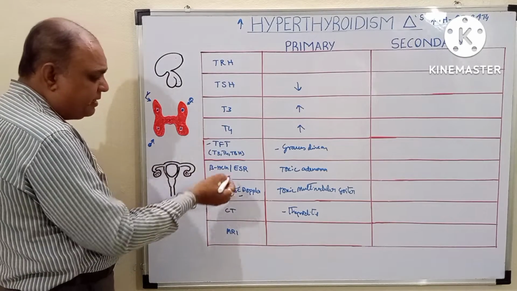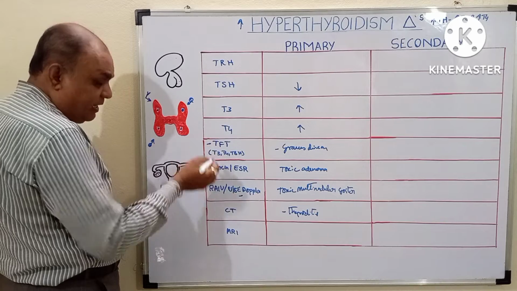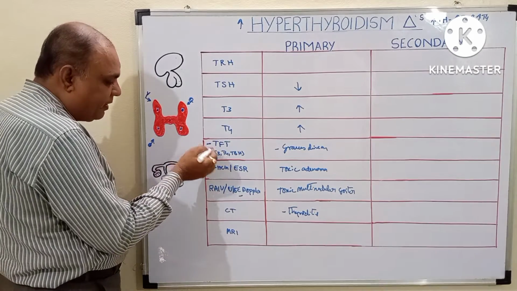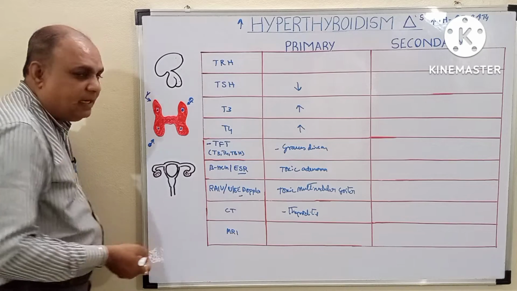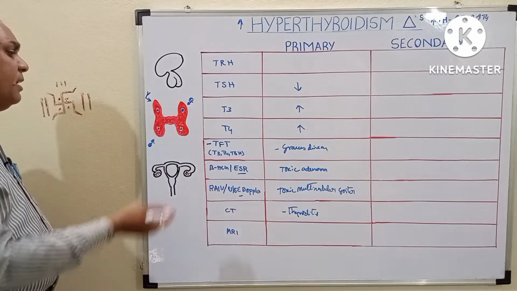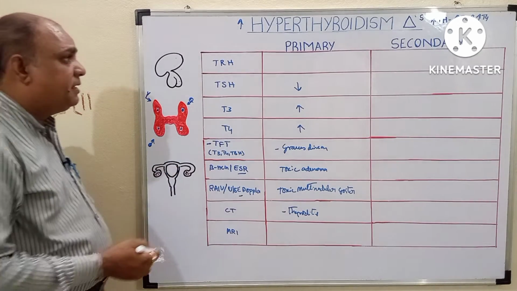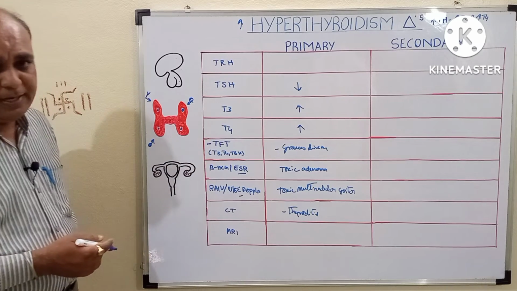Thyroiditis can be checked with the thyroid function test as well as ESR. Now these are the few examples for primary hyperthyroidism diagnosis.